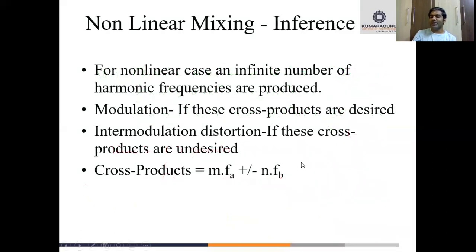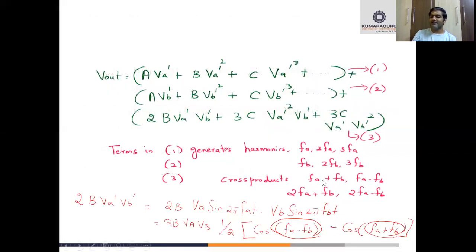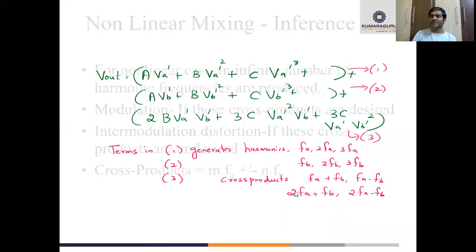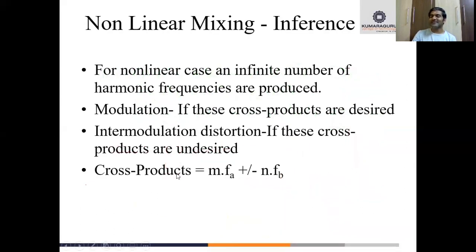Generally, we express this cross product as M FA plus or minus N FB, where M and N are integers. Here, for FA plus FB, both M and N have value 1. For 2FA plus FB, M is 2 and N is 1. For the third term, FA plus 2FB, M is 1 and N is 2. So generally we write the cross product as M FA plus or minus N FB, where M and N are some integers. This is called nonlinear mixing.